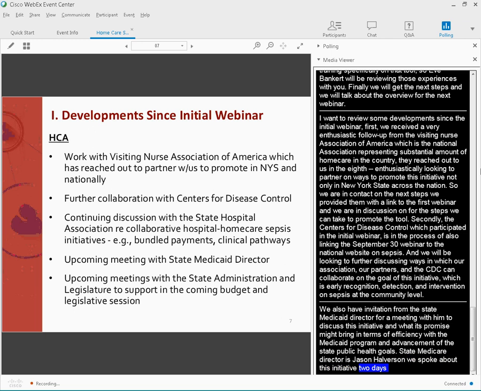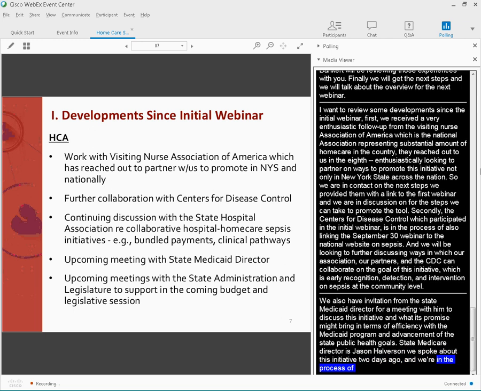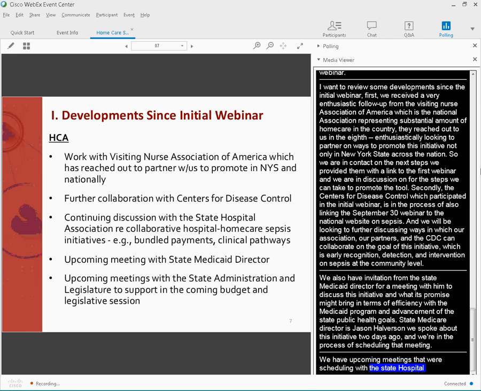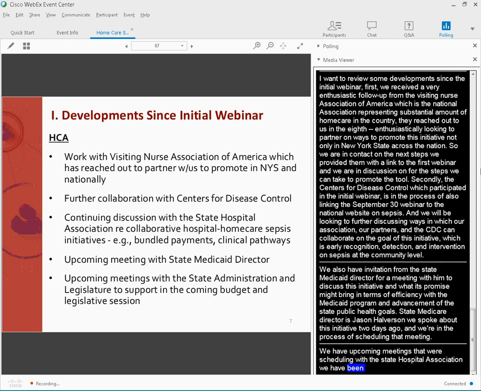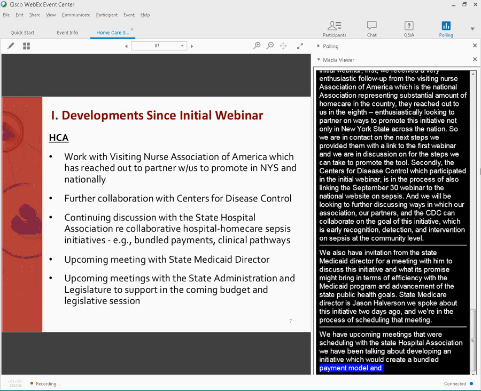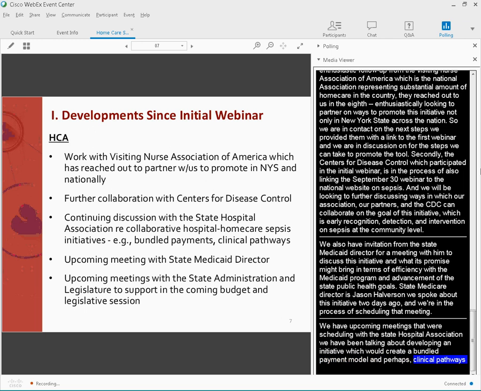We also have upcoming subsequent meetings that we're scheduling with the State Hospital Association. We've been talking about developing an initiative which would create a bundled payment model and perhaps clinical pathways for sepsis care when individuals move from hospital to community.